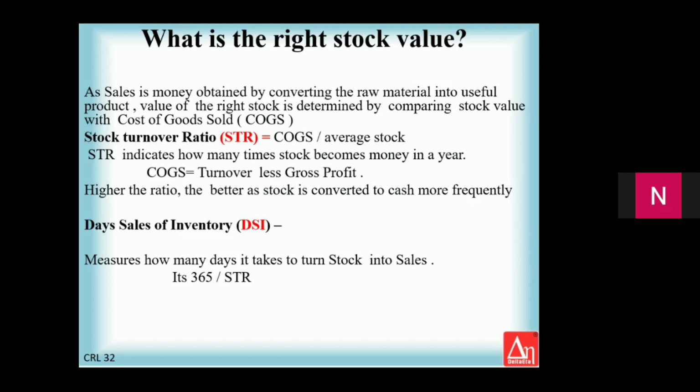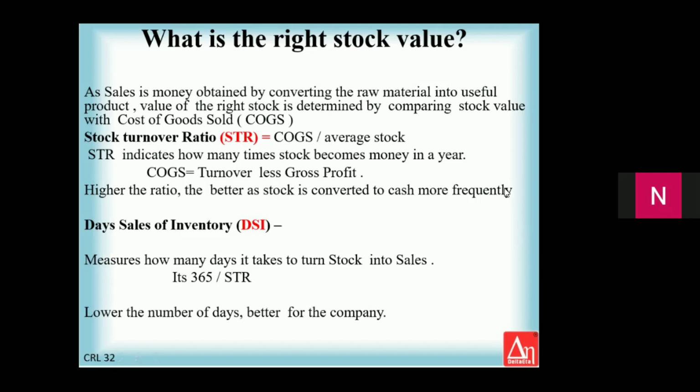So DSI should be going towards minimal. The lower the number of days, the better for the company. We will see in an example how DSI and STR are calculated and how it helps the company to know. This can be measured very easily. There is no big calculation required.